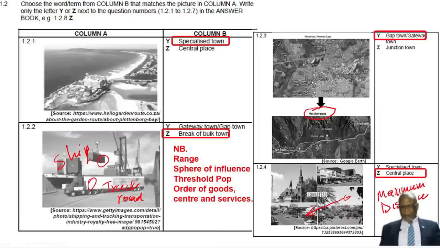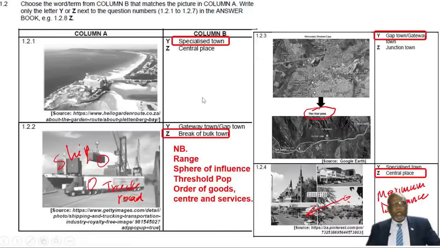And this range that people are going to travel from this place to this place is going to be determined by the order of their goods. We have two types of order of goods: low order goods and high order goods. How do you define low order goods?